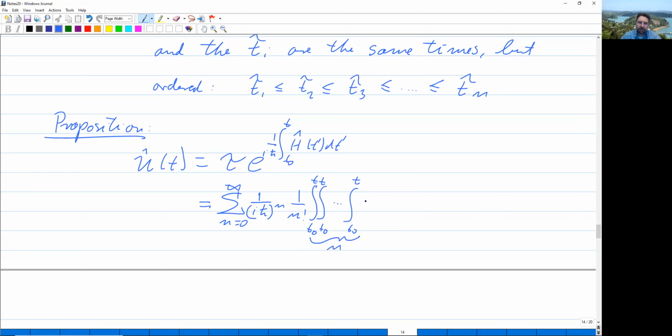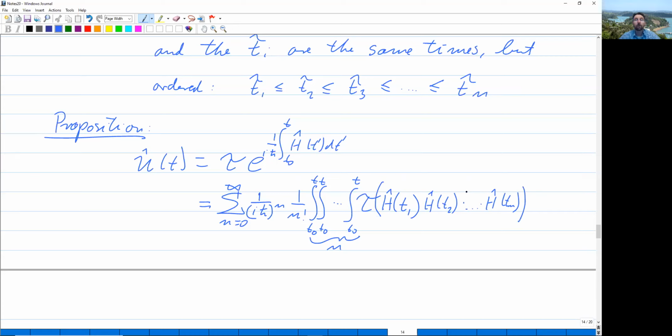And then we have the time ordering operator, and then the Hamiltonians h hat of t1, h hat of t2, until h hat of tn. This is what the time ordering operator acts on.